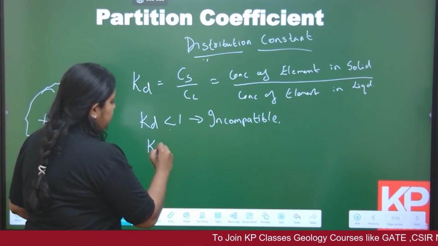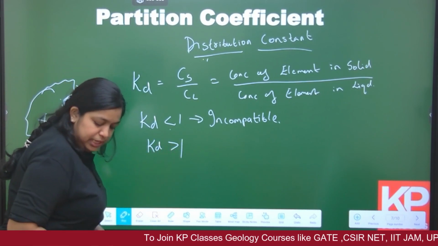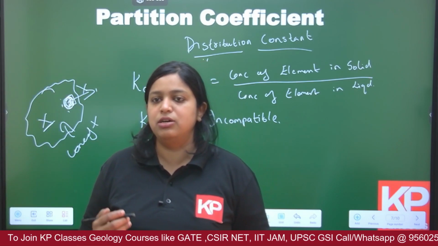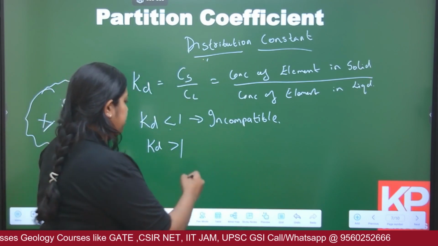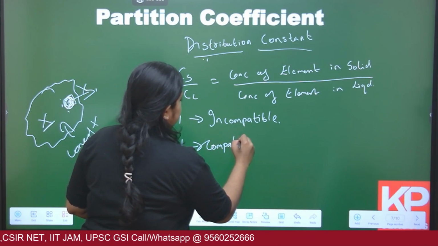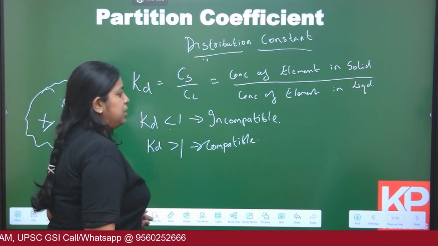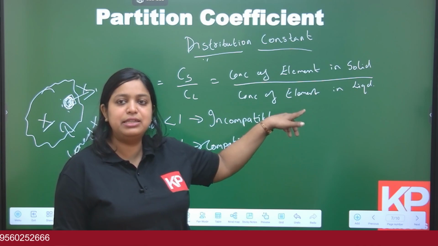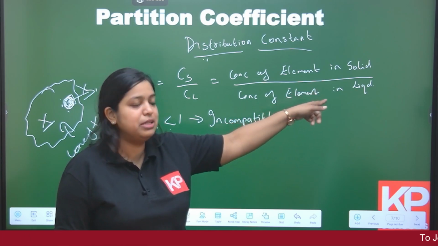If the KD value is greater than 1, then the element is a compatible element. Greater than 1 means the concentration of the element in the solid is greater than the concentration of the same element in the liquid.